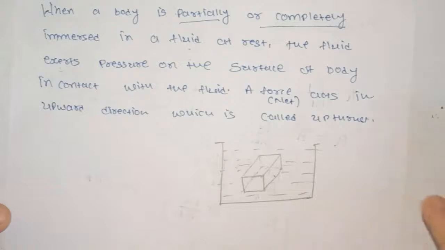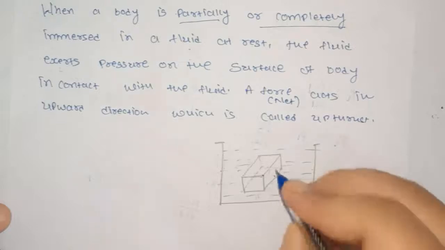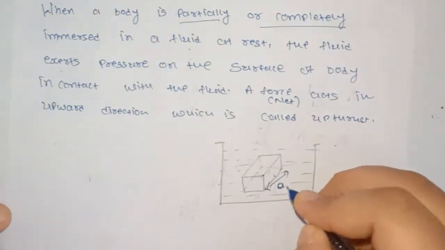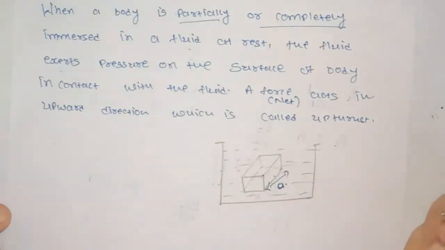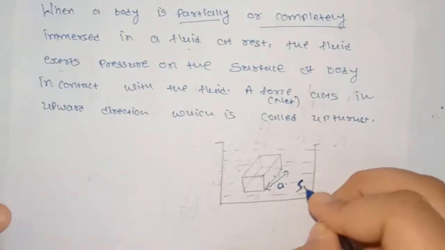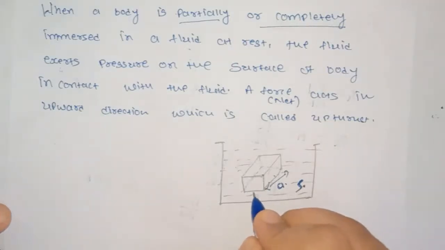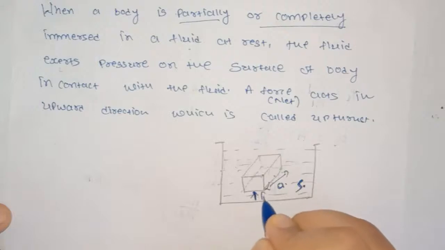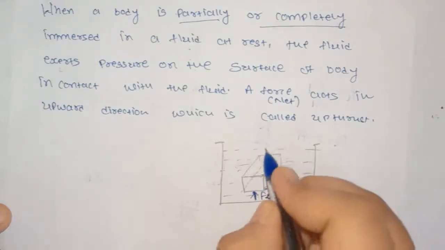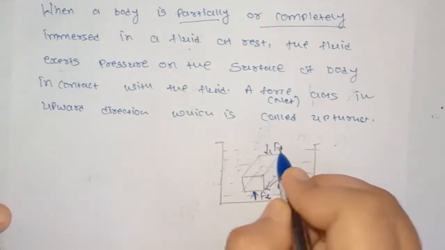Let us find the value of this net force. Let us consider a cubical block of side A. When submerged in a fluid of density ρ, which is at rest, it experiences an upward force at the bottom and a downward force at the top. Let's say it experiences upward force F2 and downward force F1.